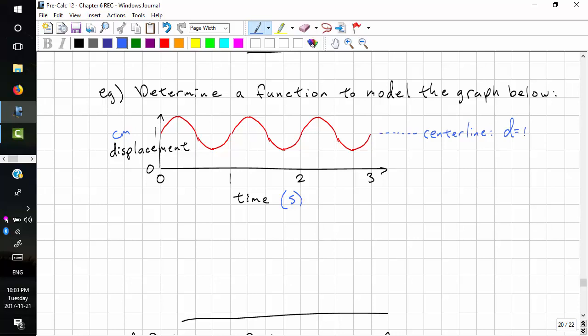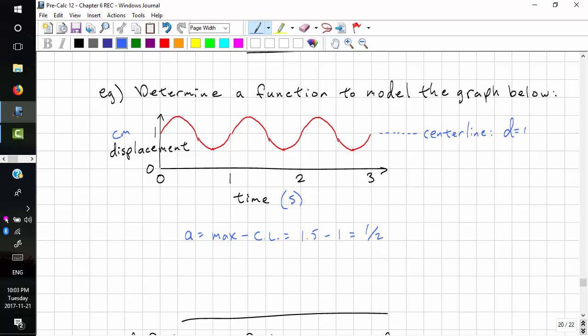And we look at the amplitude. Be careful of the scale here. 1 is 2 grid units. So if we go up 1 grid unit, that's half a centimeter. So A equals max minus center line. That's 1.5 minus 1, and that's a half.